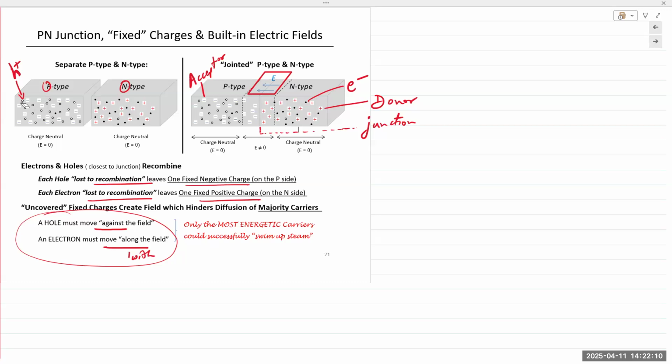So as I was saying, there's a built-in electric field. That electric field opposes any further diffusion of those charge carriers. And this phenomenon is observed in all semiconductor materials, in all kinds of dopant impurities, and in all doping levels.